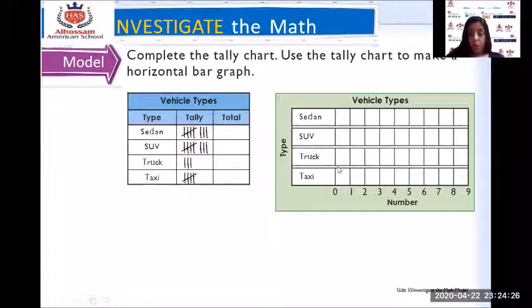So how can I make my bar graph, Ms. Ereny? I'm going to show you. So first, I have to walk step by step. How many votes for sedan? 5 and 3 equals 8. Let me use my pen. So here I'm going to write 8. And I should color or shade 8 boxes here.